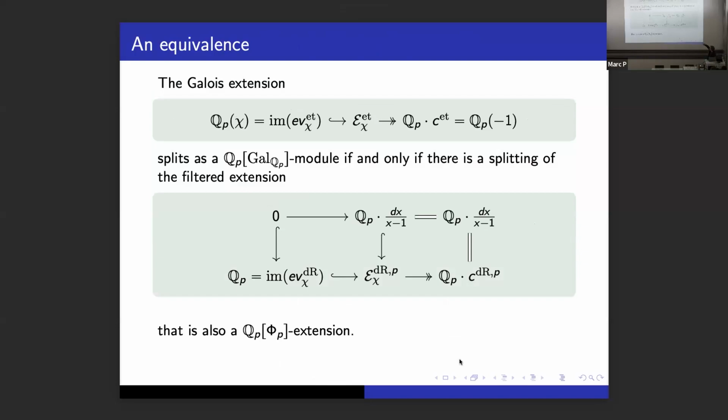And it turns out there's this very nice equivalence. That sequence is non-split if and only if the corresponding algebraic Hodge theory sequence, with its filtration and its action of a Frobenius, is non-split.